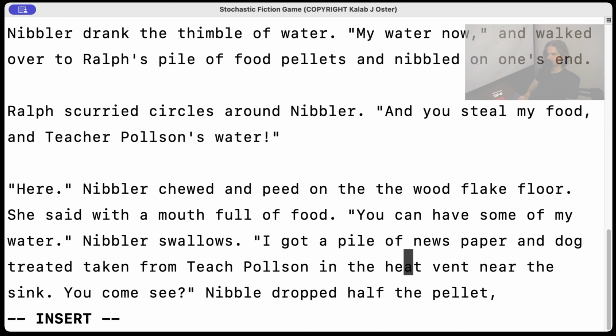I got a pile of newspaper and dog treats. I don't know treats.